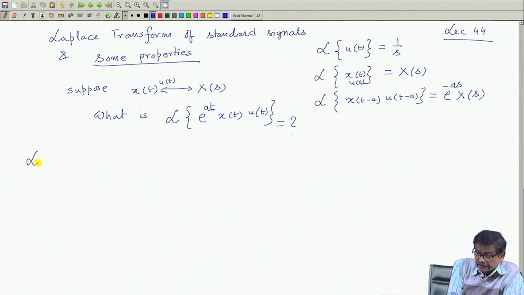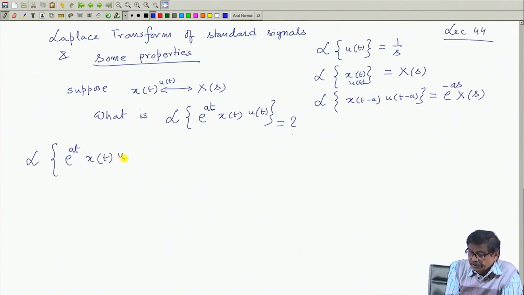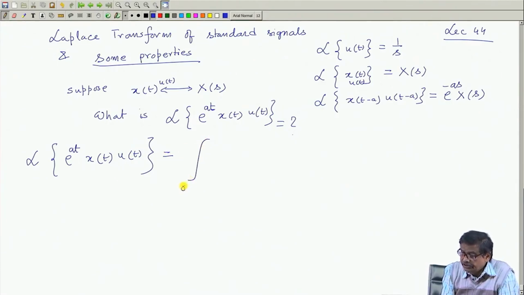I say the Laplace transform of e to the power a t x(t) u(t). This multiplication by u(t) allows you to use the limit of integration from 0 to infinity, as you must have understood by this time.